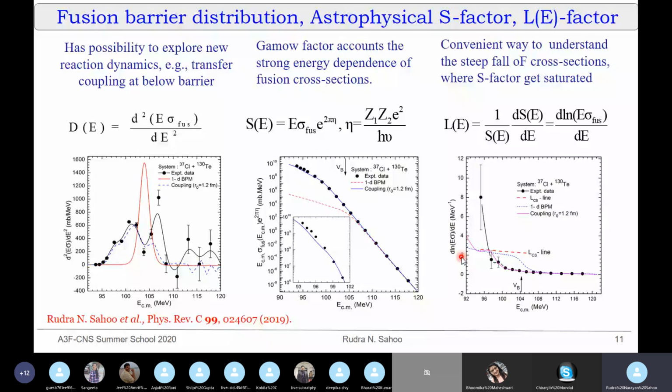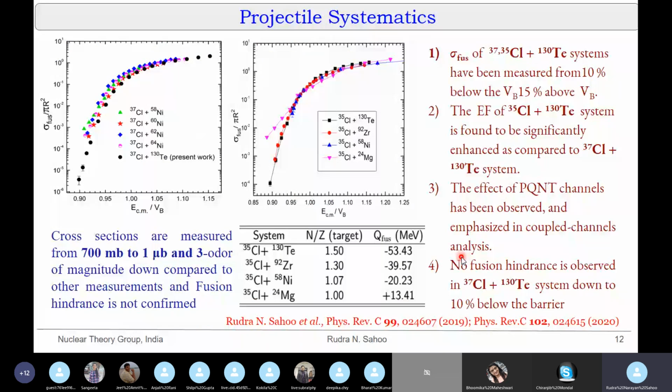And since we measured the fusion excitation function of both systems, 37 chlorine plus 130 tellurium and 35 chlorine plus 130 tellurium, we compared our measured fusion excitation function with other measured excitation functions. You can see in the 37 chlorine case, we went down 3 orders of magnitude as compared to the earlier measurement.